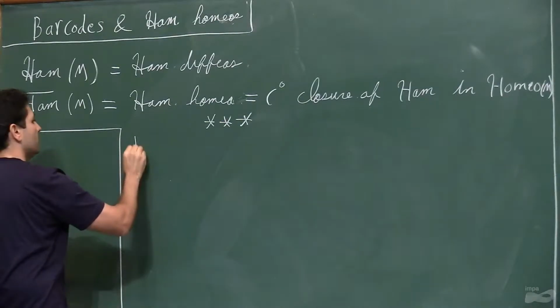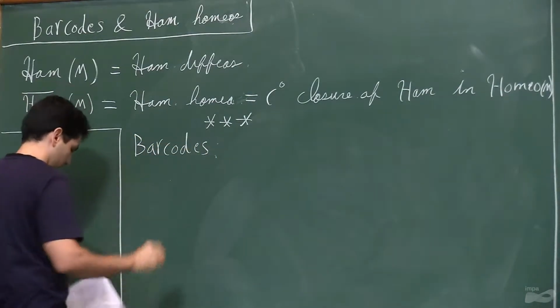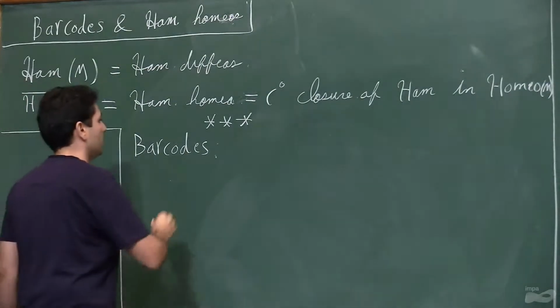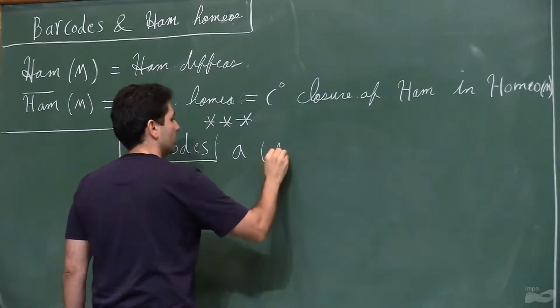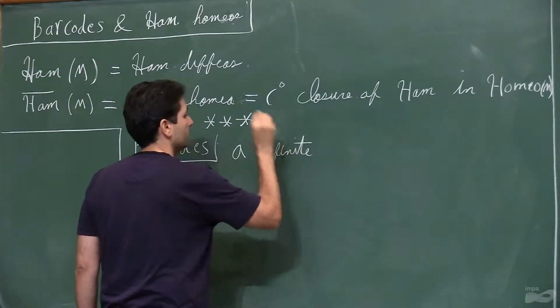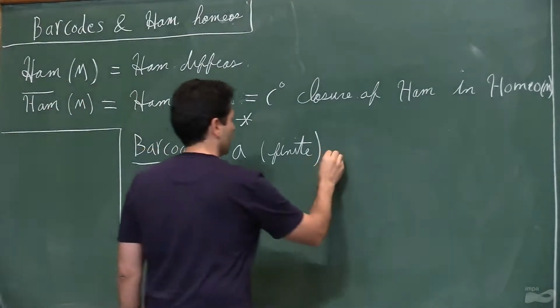So, barcodes. Let me give you the definition. I'll begin with what I call a finite barcode, as opposed to a barcode, which might be infinite for me. And then we'll move on to infinite barcodes in a few minutes.